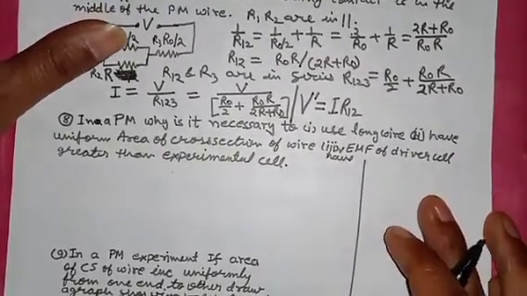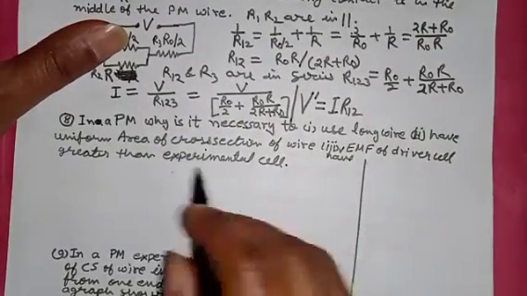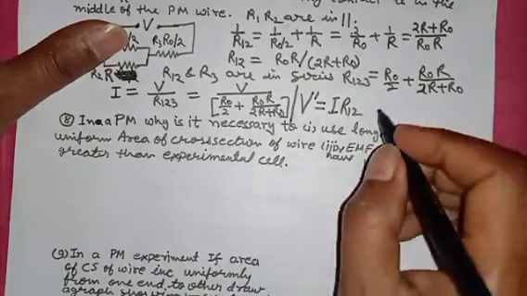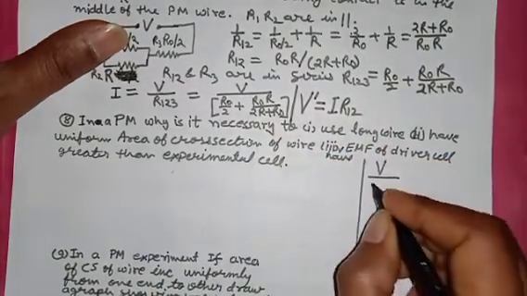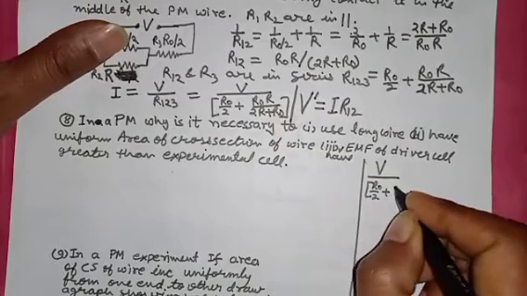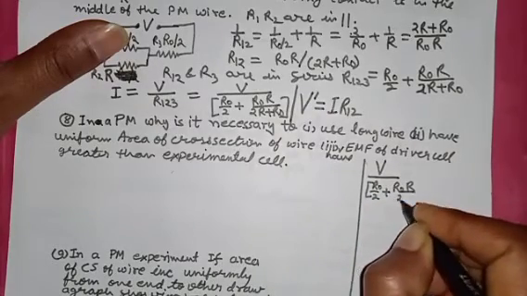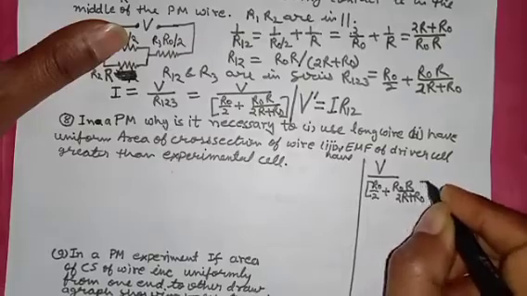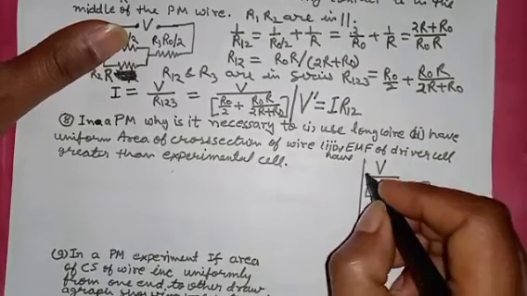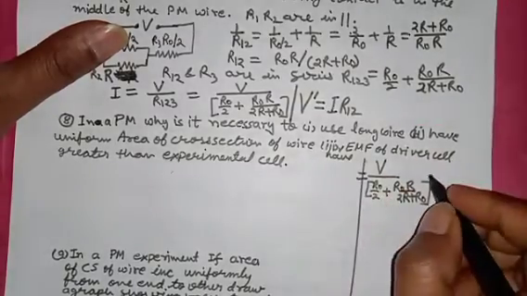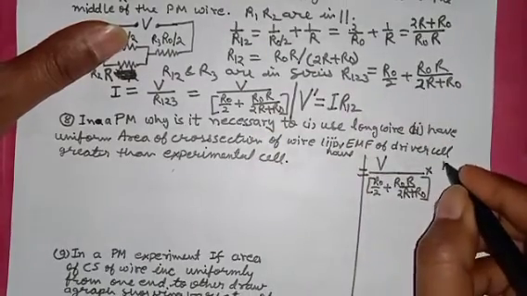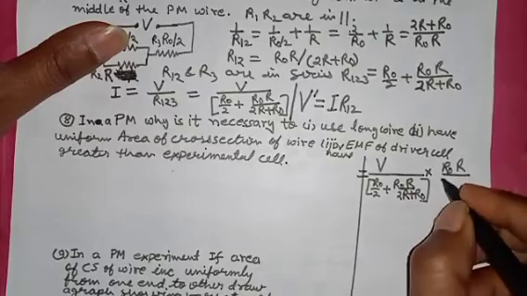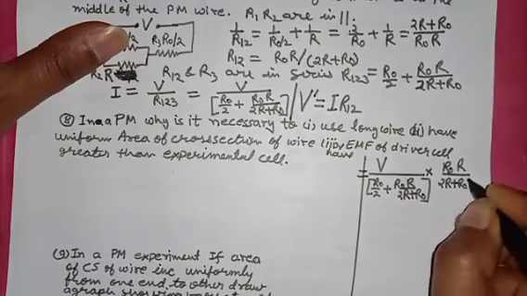So you can see I is V upon (R naught by 2 plus R naught R upon 2R plus R naught), multiplied by R12, which gives the value of V dash, V prime in fact. R12 is R naught R upon 2R plus R naught.